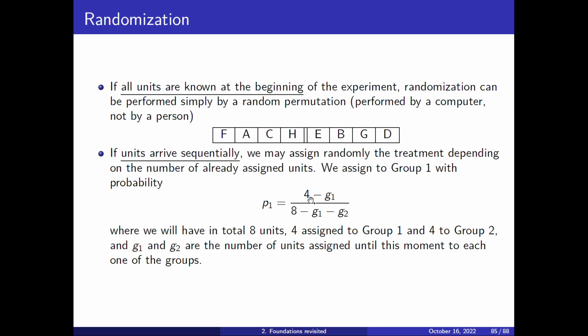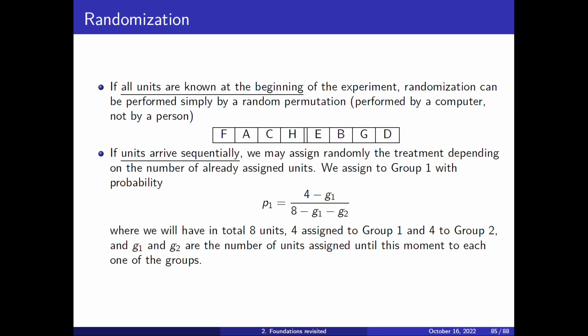This is the total size divided by 2, and G1 and G2 are the current sizes of group 1 and group 2. So for instance, let's say that we are starting our experiment. At the beginning, group 1 and group 2 will have 0. So you will be assigned to group 1 with probability 4/8, that is 50%.